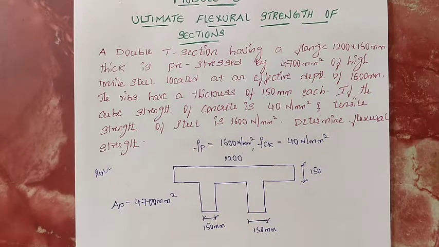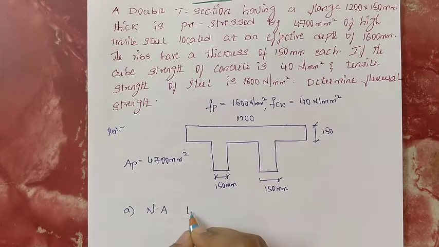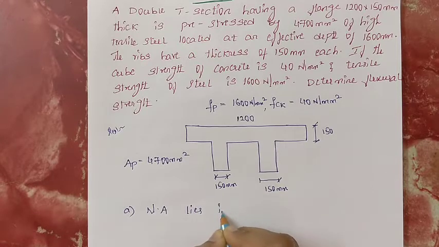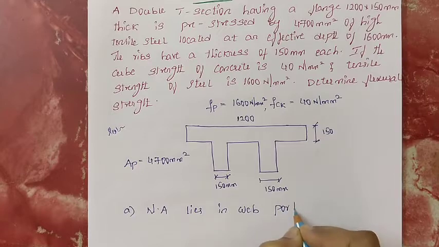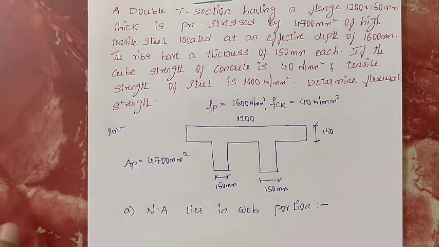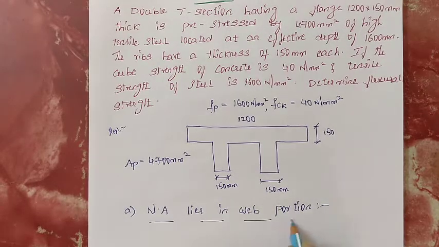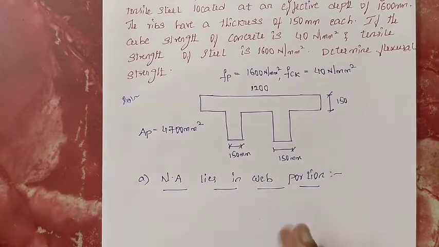Directly I'm going to assume the neutral axis lies in the web portion. For the I section as well as for the double T section, most probably the neutral axis lies in the web portion. Directly you can assume that the neutral axis lies in the web portion.